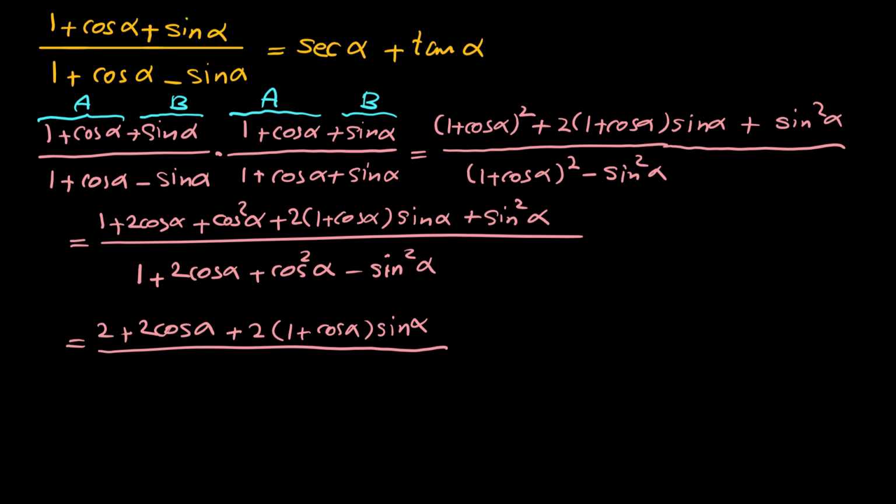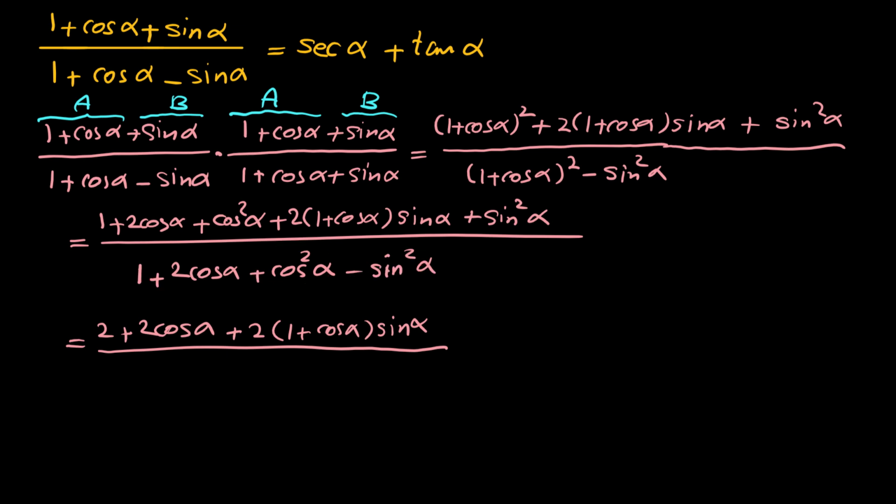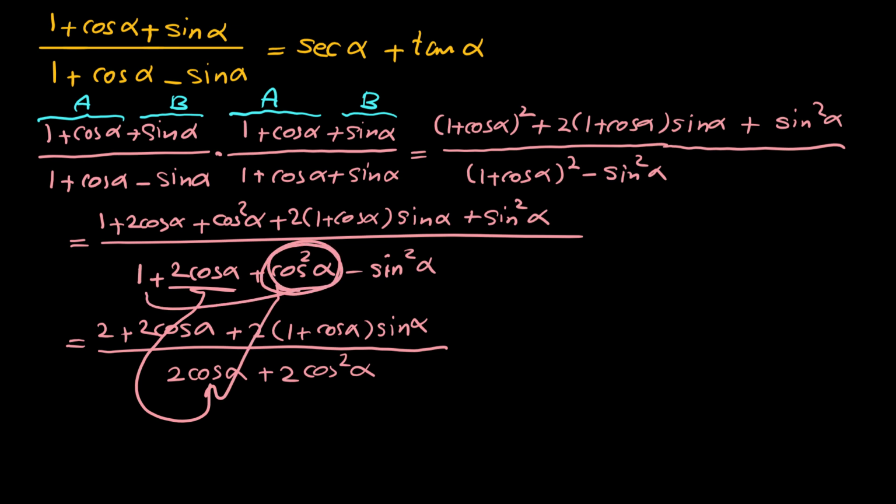Here we use this identity. So 1 minus sine to the 2 is cosine to the 2. Plus this cosine to the 2 would be 2 cosine to the 2. So in total we have this in the denominator, 2 cosine alpha plus 2 cosine to the 2 alpha. The 2 cosine is here. We have 1 cosine to the 2 here, and these 2 also is a cosine to the 2.